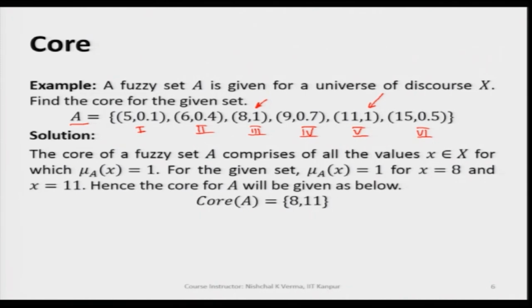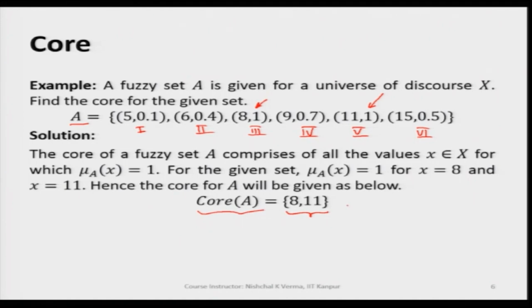As per the definition, the core of a fuzzy set is the collection of all the generic variable values for which the corresponding membership values are 1. So if we apply that, we find 8 and 11, and we can write the core of this discrete fuzzy set as the collection of the generic variable values 8 and 11.